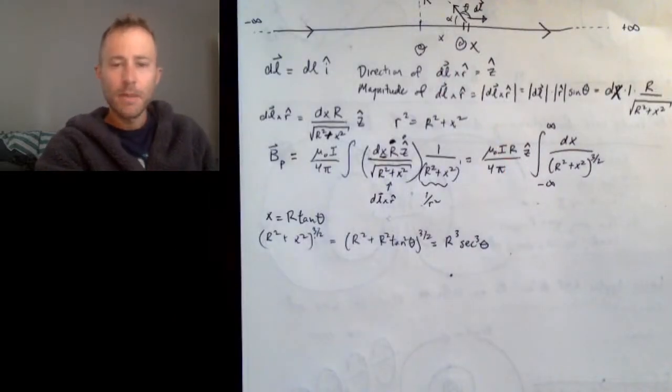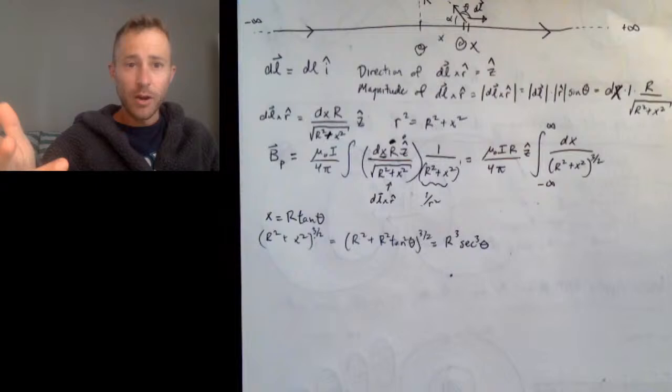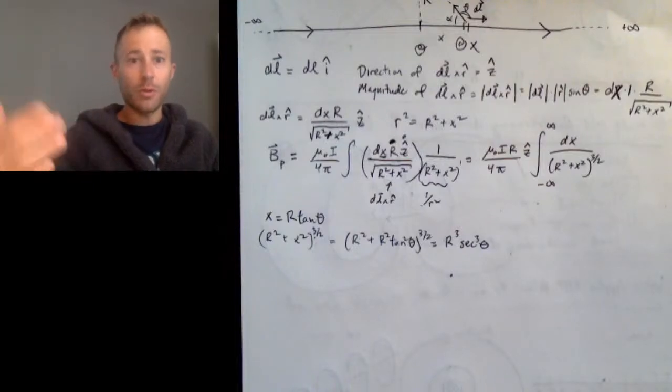All right. So I'm using the fact that 1 plus tangent squared is secant squared, and then anything squared to the 3/2 becomes to the 3rd power.